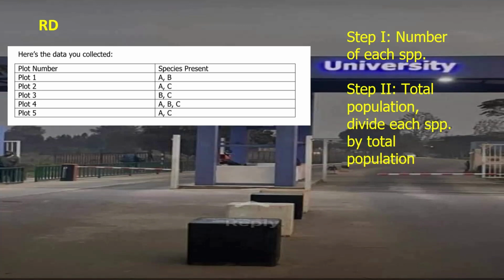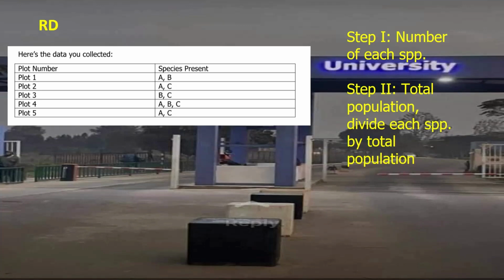Okay. What is the total population of all the species? We have 11. So we add 4 plus 3 plus 4, giving us a total population of 11. And remember, we use the total population to divide from.